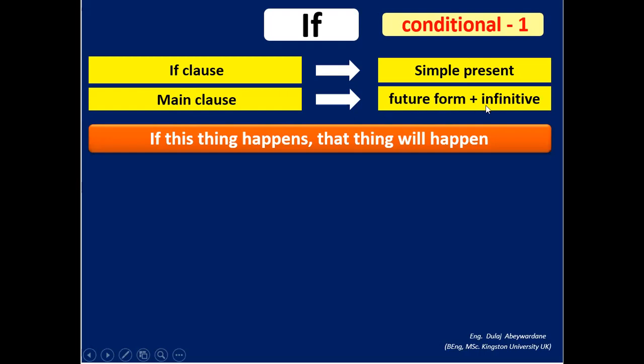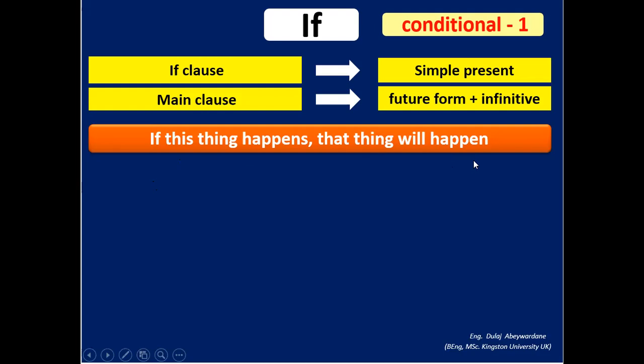But I have not mentioned only will here, because you can use any sort of future form denoting a future condition, plus infinitive. Infinitive is the base form of a verb, as an example, read. So conditional number 1 is: if this thing happens, that thing will happen.